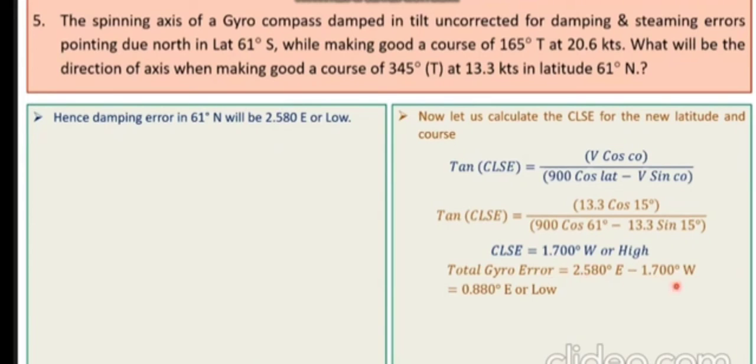So when we combine both these errors, since they are of opposite names, we will subtract the smaller one from the bigger one. So 2.58 minus 1.7 gives the error as 0.880 degrees. The naming is given of the higher magnitude, which in this case is east. So the total resultant gyro error is 0.880 degrees east.